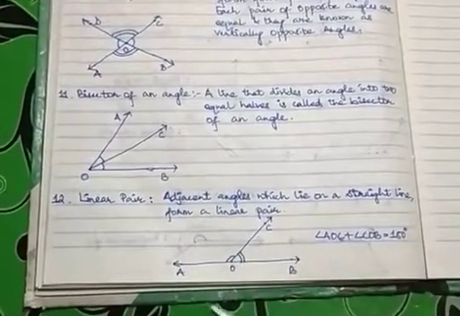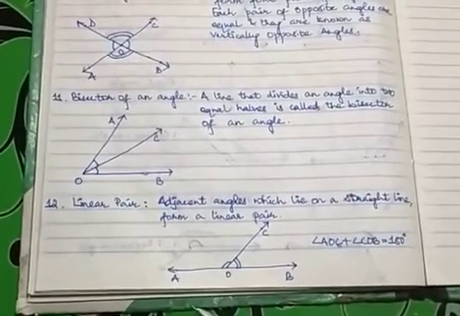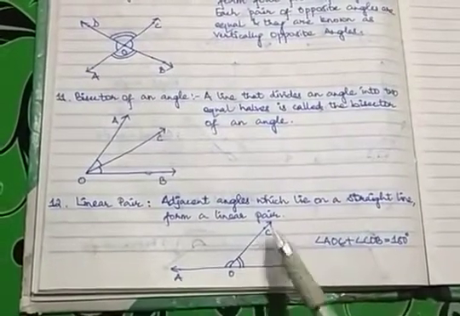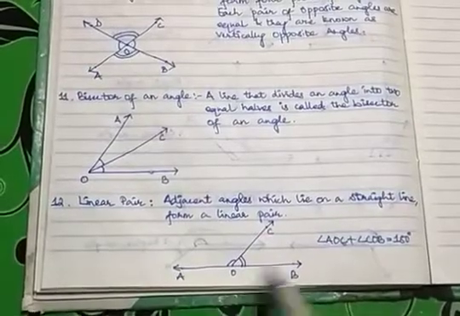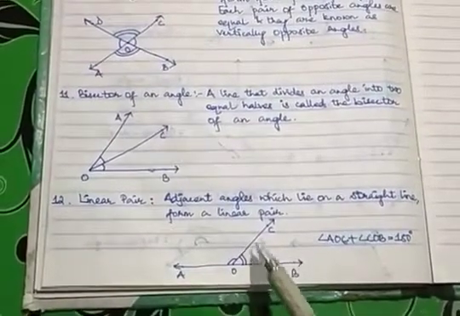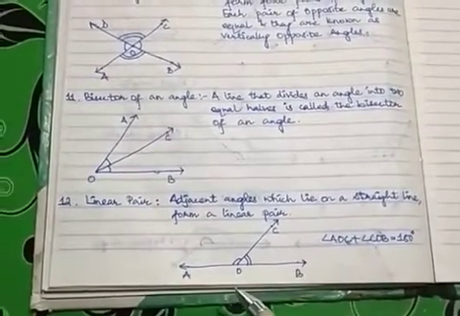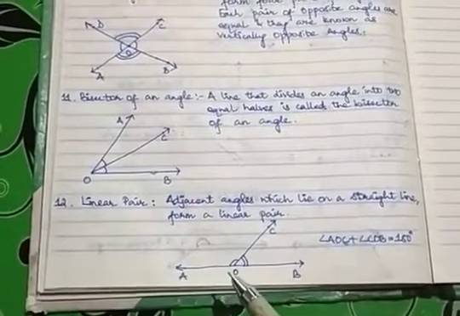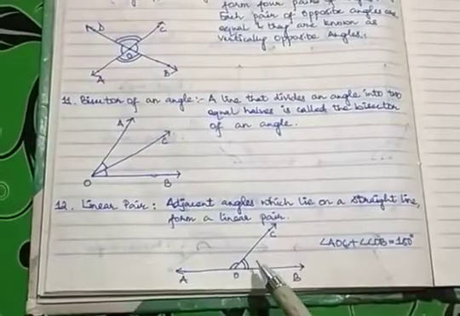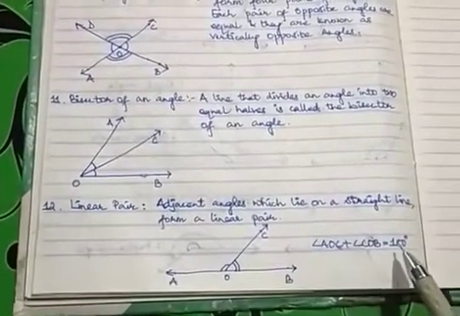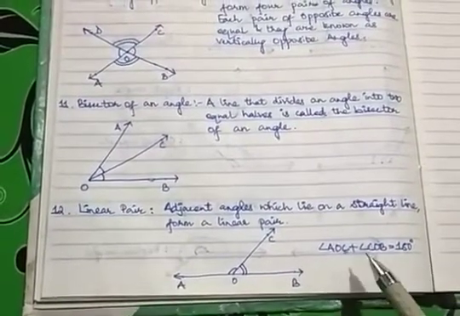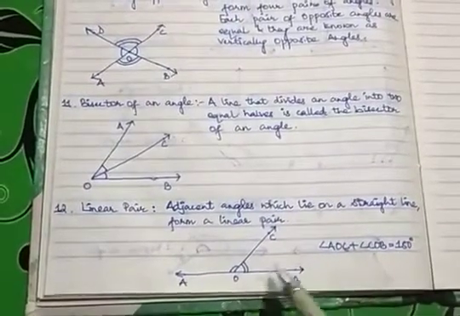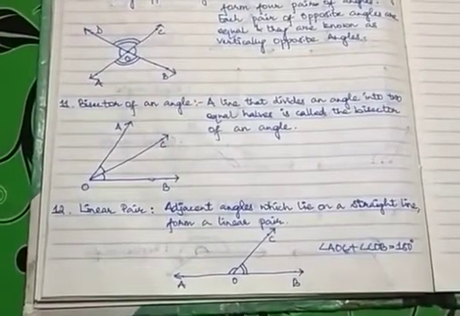You can just look at the figure and predict as well, because AOC is an obtuse angle, BOC is an acute angle, isn't it? So how can they be equal? But when we add these two and they total 180 degree, at that time those two angles are also known as linear pair.